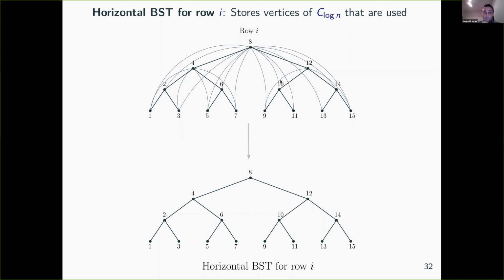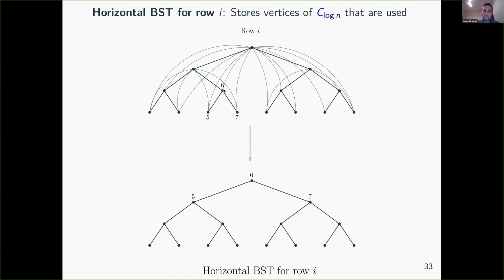So if you were using all the vertices from your copy of C log n in row I, then a corresponding BST, which is perfectly balanced, is simply copy the corresponding order. But more likely you will only use a few vertices from a given row, like 6, 5, and 7 in this example.